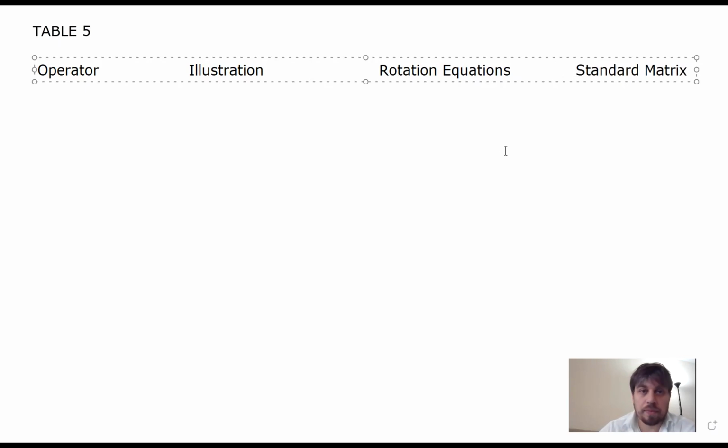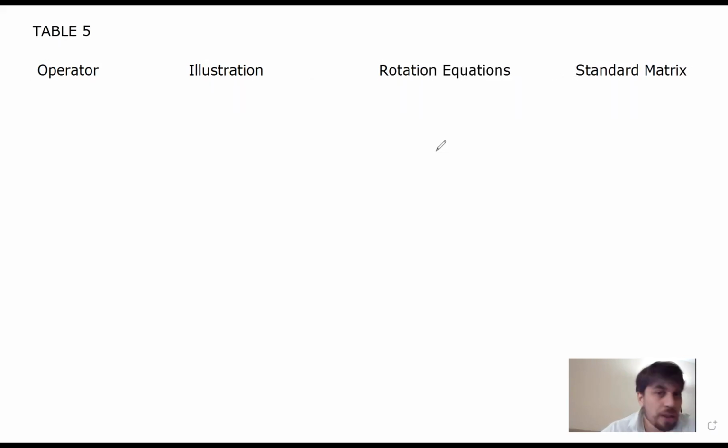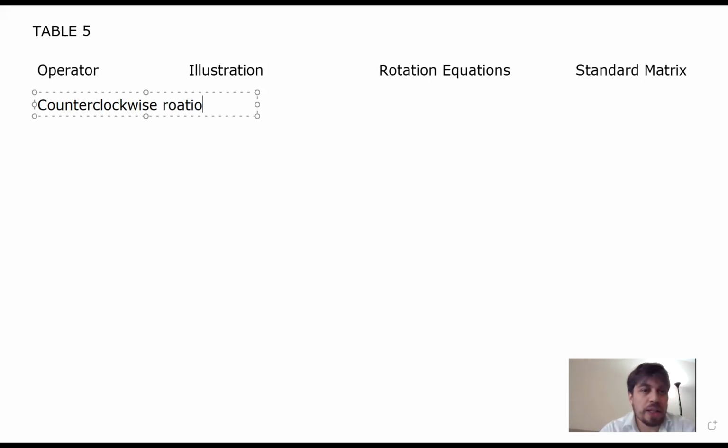So the operator is a counterclockwise rotation about the origin through an angle theta.